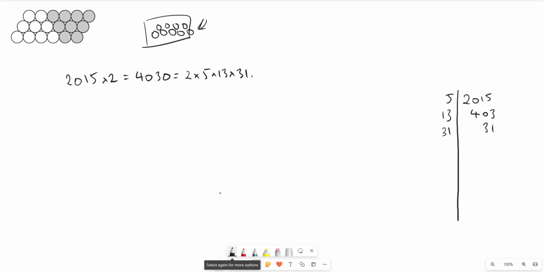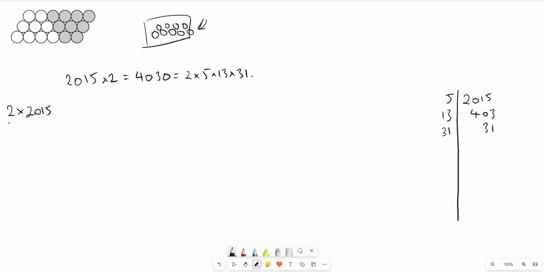So we can just go through the options. Because we've got this starter here, 2 times 5 times 13 times 31, we can start with 4030 equals 2 times 2015. Remember, we're still referring to this trapezium right here for a stack of 2015.